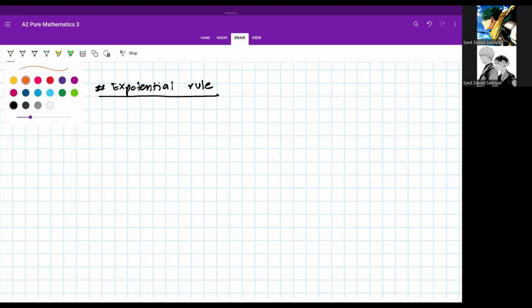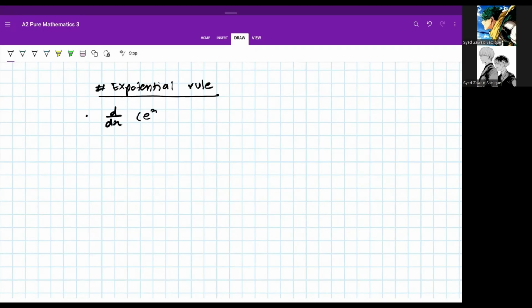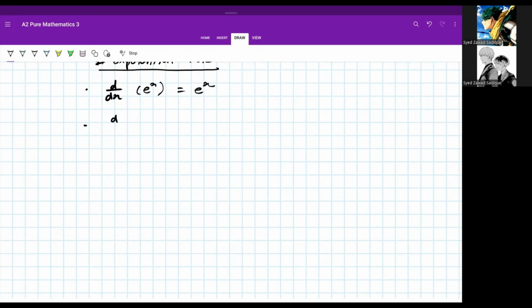So the exponential rule is d by dx of e to the power x is equal to e to the power x. d by dx of e to the power ax plus b is equal to a e to the power ax plus b.